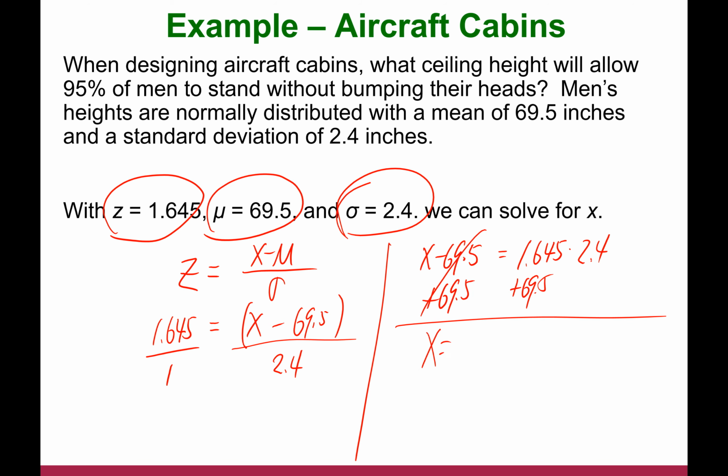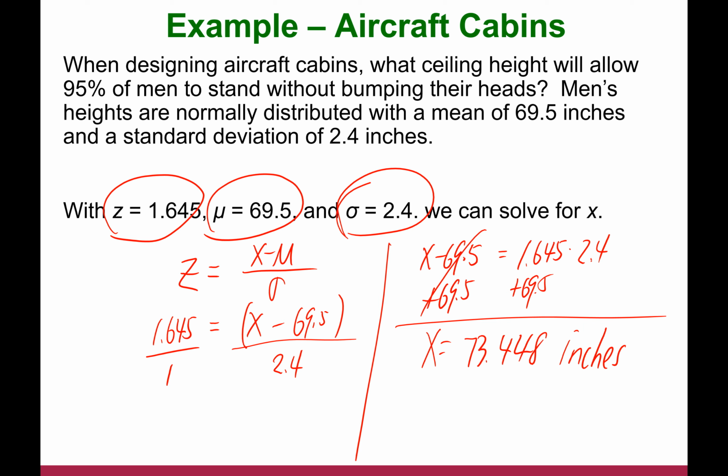That cancels the 69.5, and x is the cutoff height to separate the bottom 95% from top 5%. So x equals 69.5 plus 1.645 times 2.4. That turned out to be 73.448 inches.